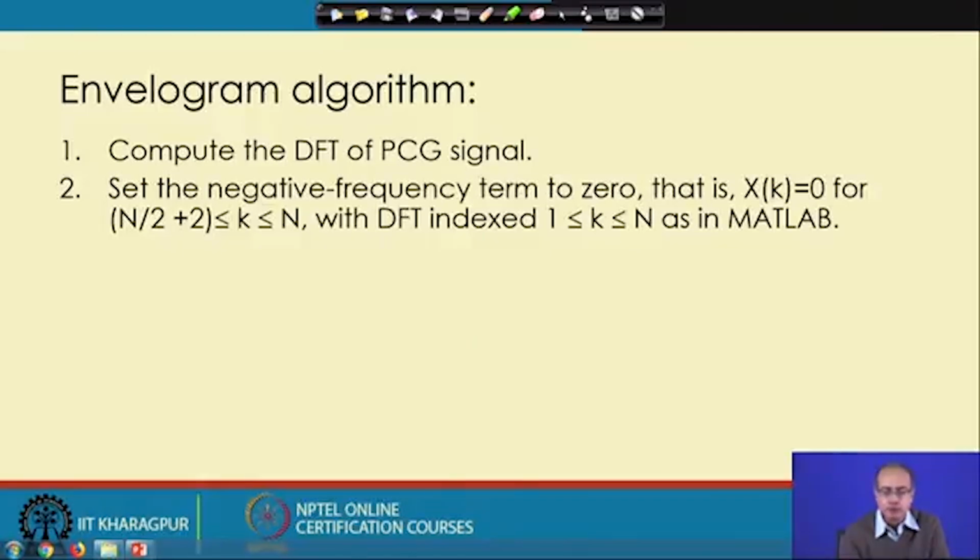After taking the DFT for a signal of length 1 to N, we get coefficients also from 1 to N, and the negative frequencies are from nearly half to the end, that is N/2 plus 2 to N. If here is the middle, we start from a little after that to the end. All those coefficients we force to 0.